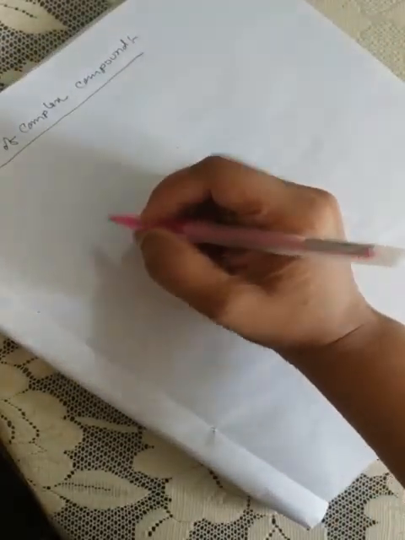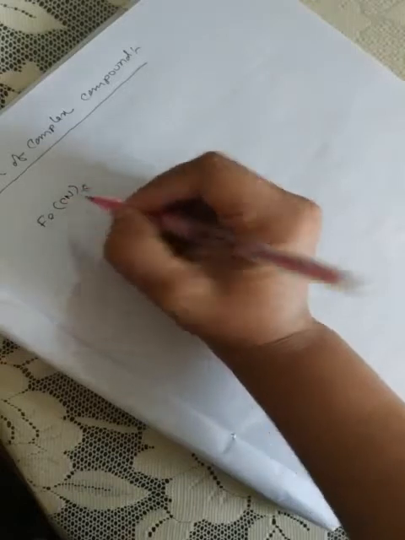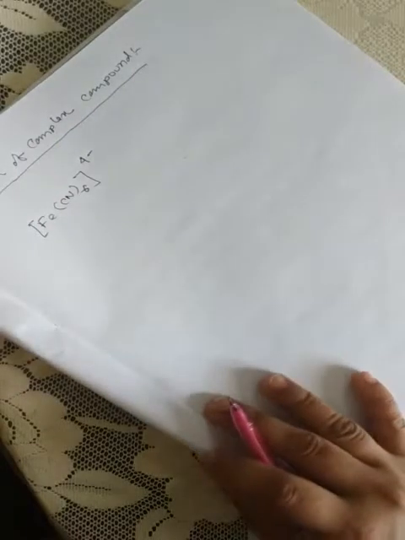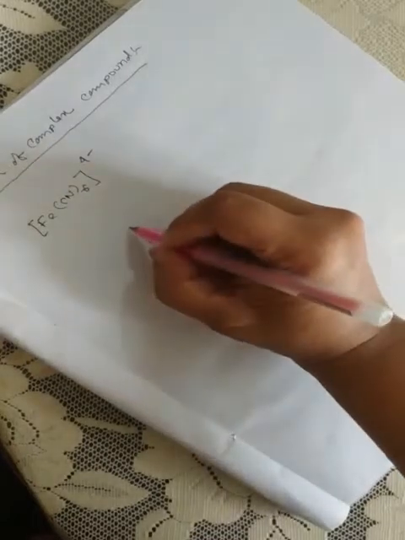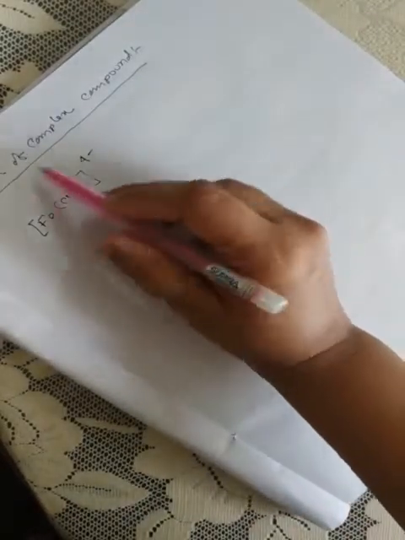Okay, if we take an example, that is one of the complex compounds. Its structure is like that. That means iron is a transition element. Transition elements take part as a central atom in complex compounds.